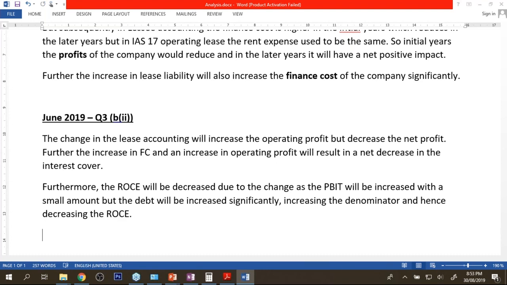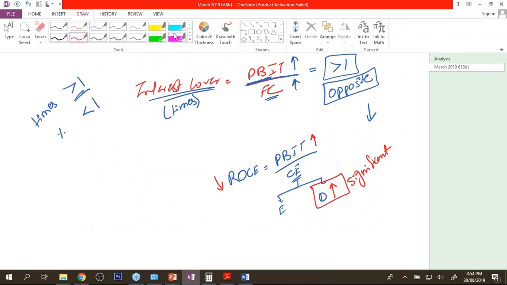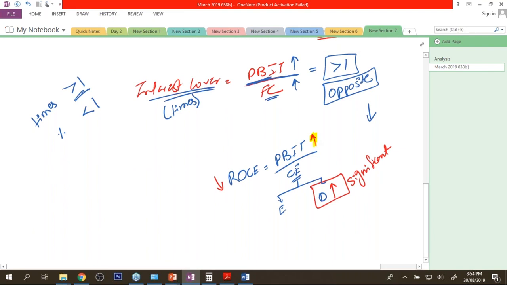Salman, that less than one rule actually applies when we are increasing both the values by the same amount. The rule that we discussed would have been applied if the amount of this increase and this increase would be the same. But in this case, the increase in the debt will be significantly higher than the PBIT. Let me show you an example.